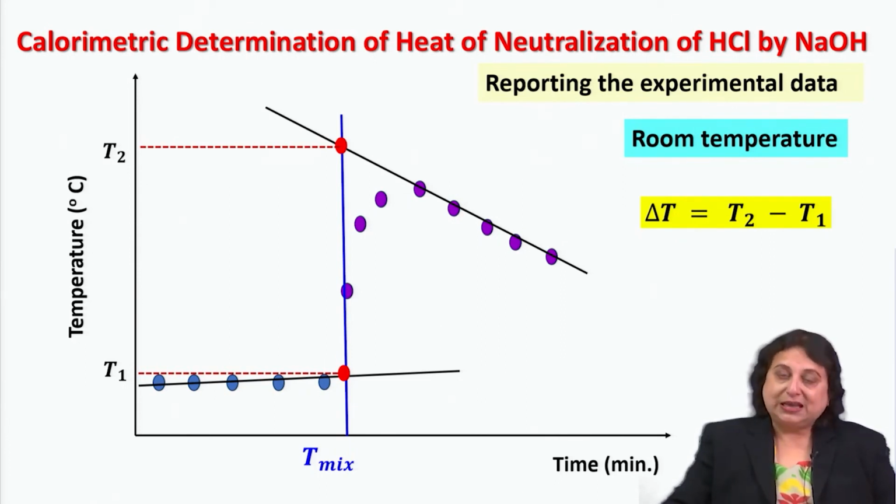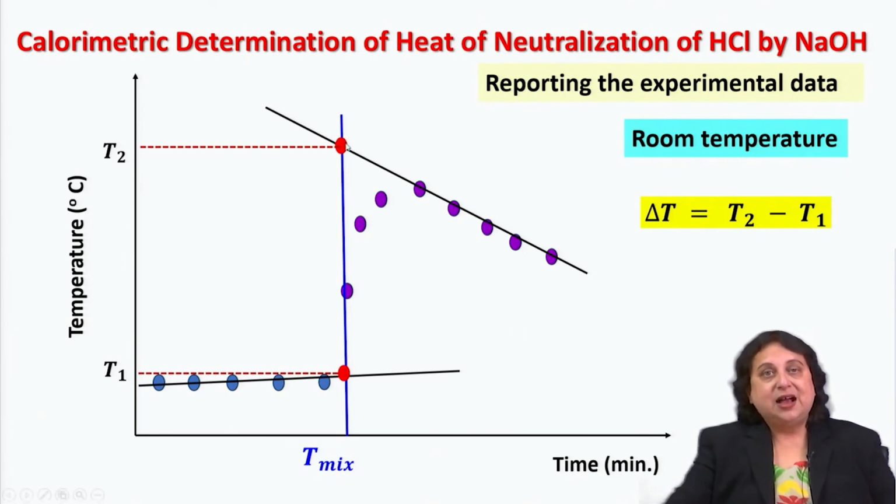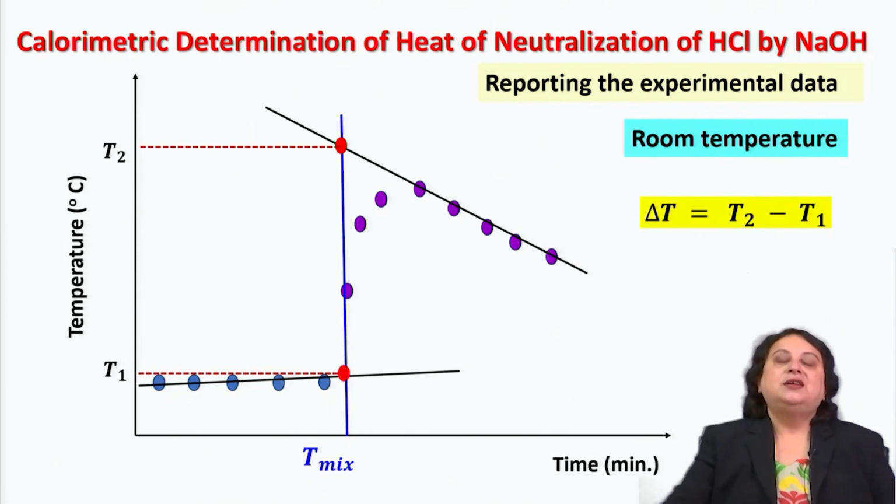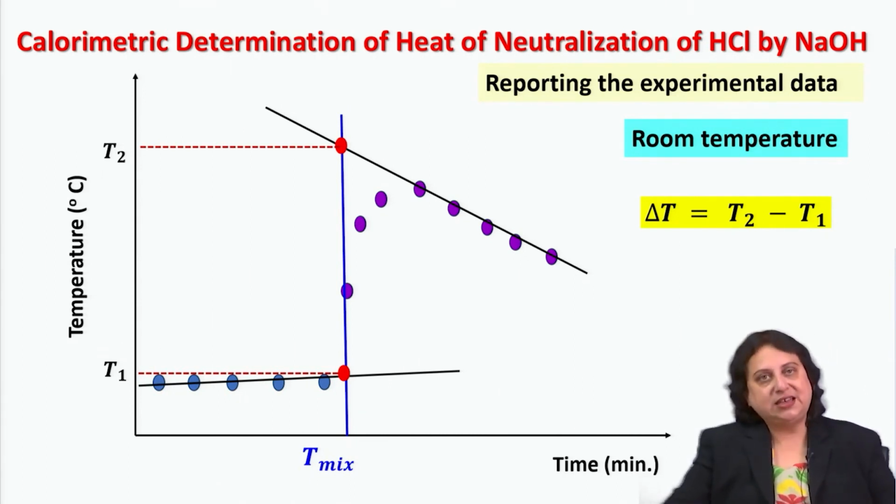Therefore, I would say that this is a much more accurate estimate of the temperature that has resulted from the release of the heat as a result of neutralization of HCl by sodium hydroxide.